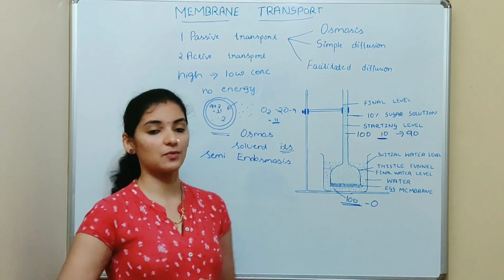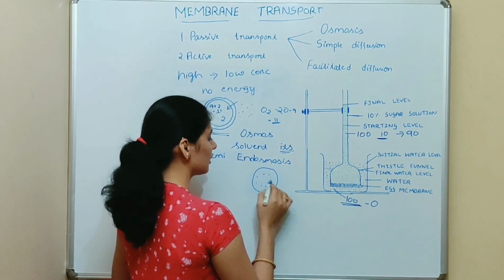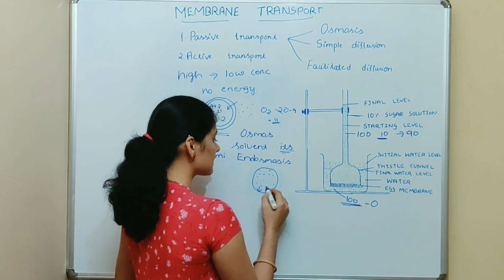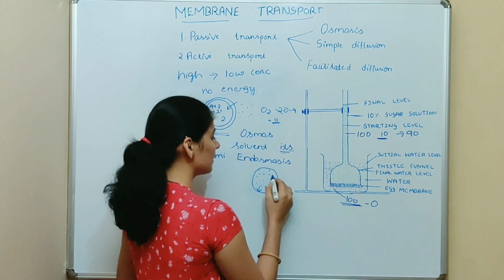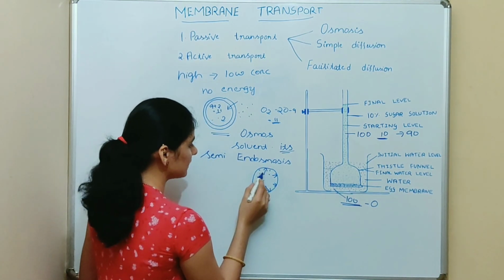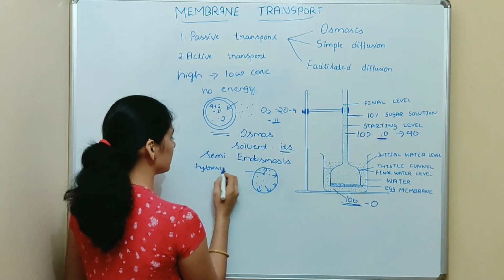As a result of endosmosis, what happens? There will be an increase in the concentration of water molecules inside the cell, and these molecules exert a pressure on the walls or plasma membrane of the cell, and this pressure exerted by the water is called hydrostatic pressure.